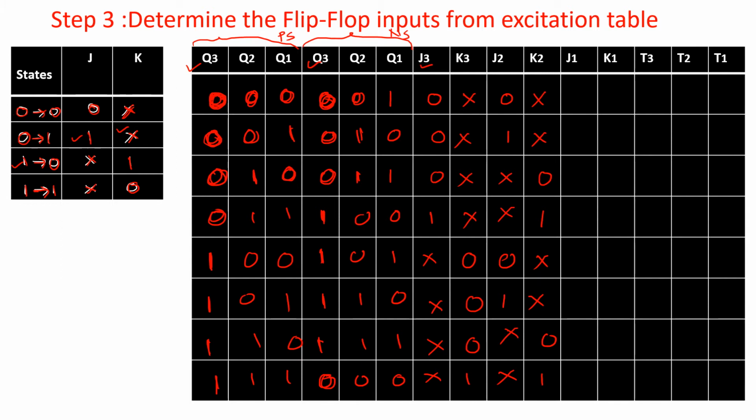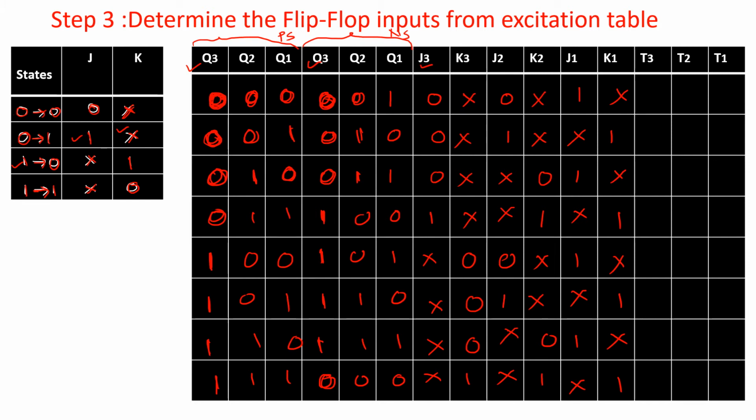Similarly, you go on filling for J1 and K1, and you will get 1 don't care 1, 1 don't care 1, 1 don't care 1, 1 don't care 1. So we have determined the flip-flop inputs from the JK excitation table. This is the construction of the counter with the help of JK flip-flops.